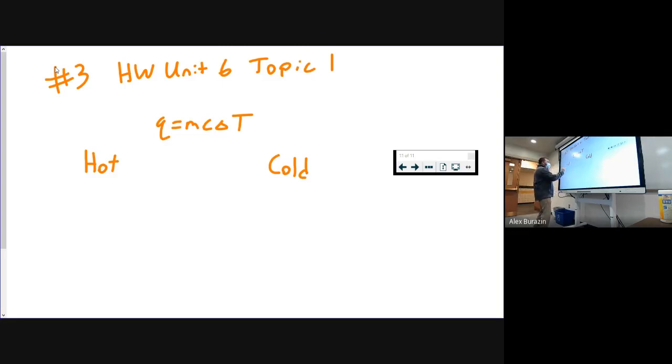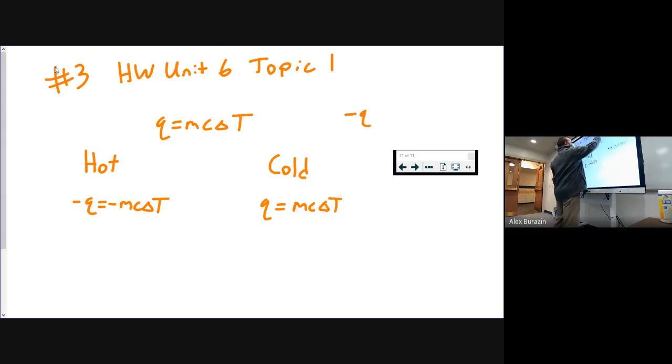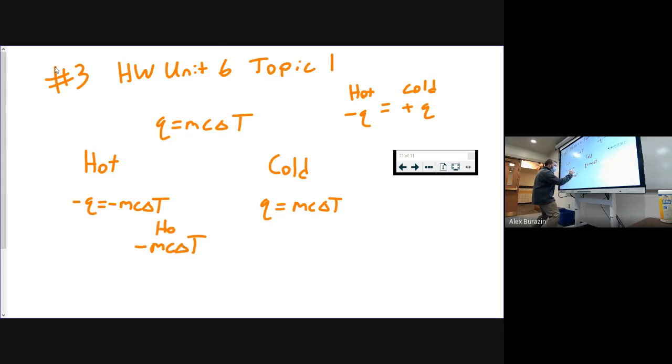So I'm going to flip the sign of this because I know that negative Q of the hot will equal positive Q of the cold, which in turn will mean that negative MC delta T of the hot will equal positive MC delta T of the cold. Okay? So let's put parentheses around those.